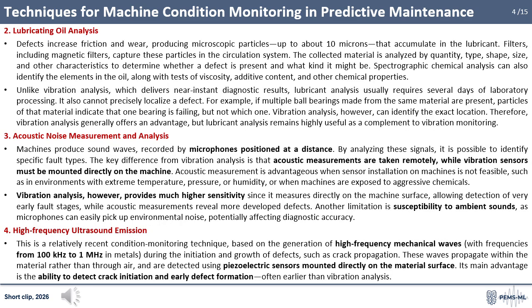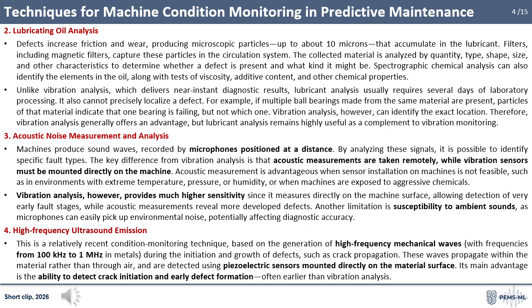The next diagnostic technique is lubricating oil analysis. As defects develop, friction and wear increase, producing microscopic particles, typically up to about 10 microns, that accumulate in the lubricant and are collected by filters. By analyzing the amount, type, shape, and size of these particles, it is possible to detect the presence and type of a defect. Compared to vibration analysis, oil analysis is slower, usually requiring several days of laboratory processing, and it often cannot precisely locate the faulty component.